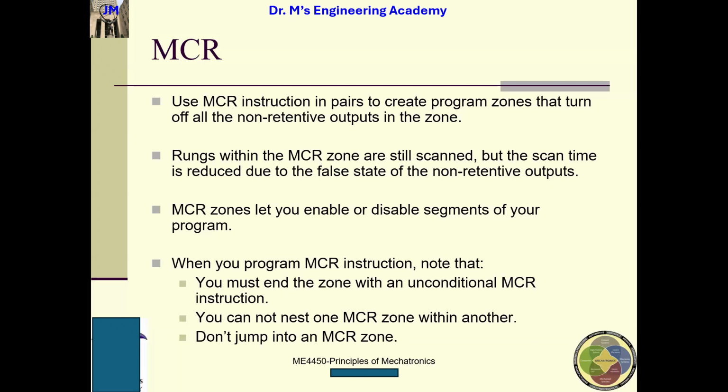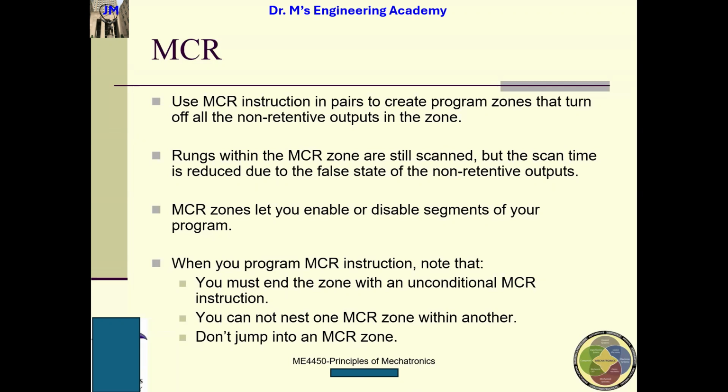So these two guys are always used in pairs, first one, second one. And you cannot nest one MCR zone within another. Otherwise, you will be confused. The system will be confused also.